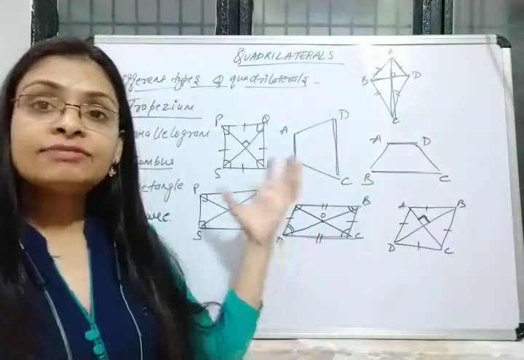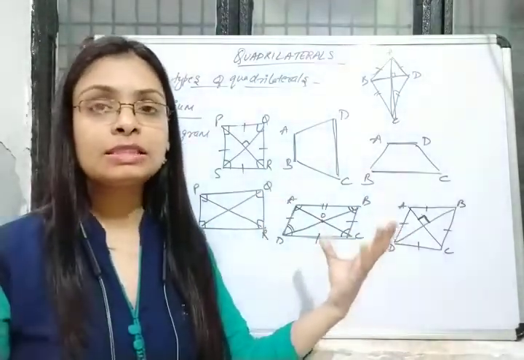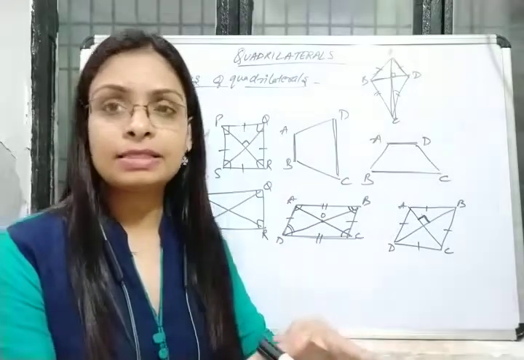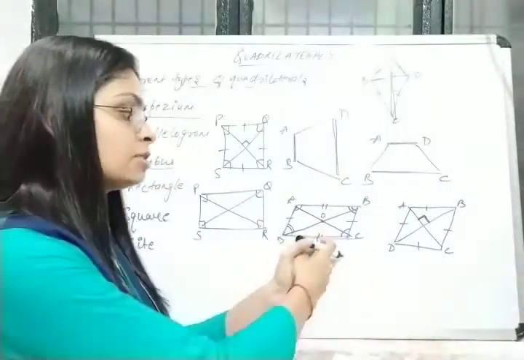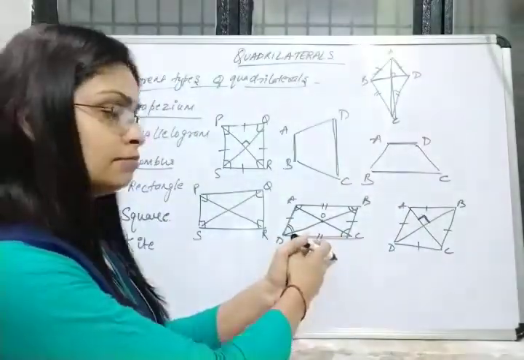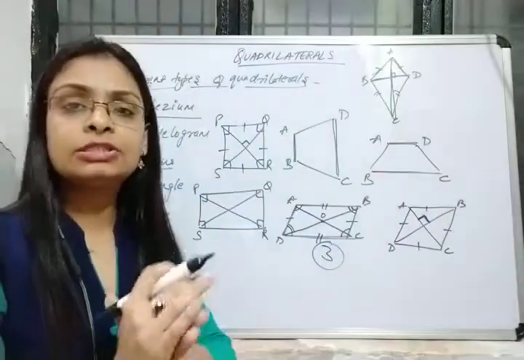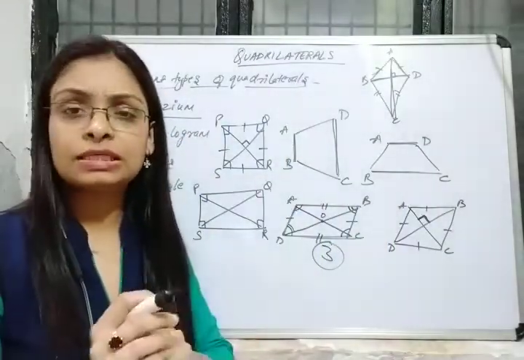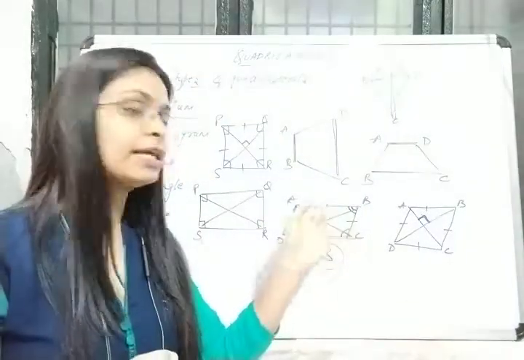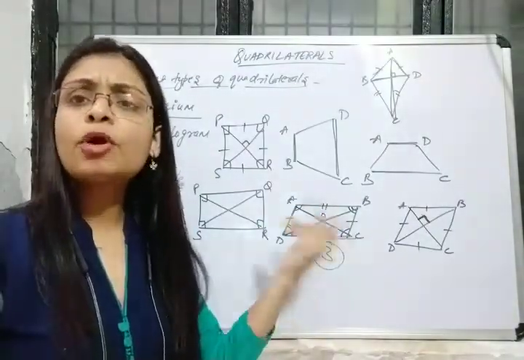But when we have the special types of quadrilaterals, then these conditions minimize. Okay, like if we just want to draw the parallelogram, so we need only minimum 3 conditions. What? Minimum 3 conditions, and the rest condition we can find out by the properties.